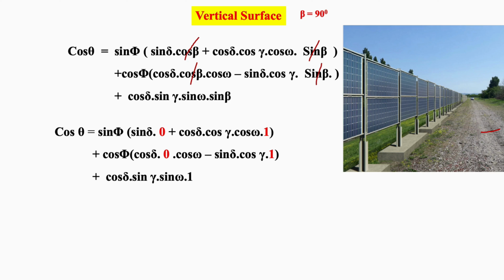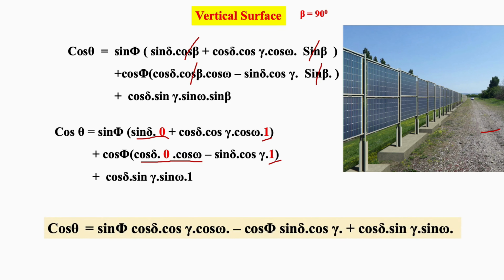So in this equation it is clear that sin delta into 0, because cos 90 is 0, and similarly cos delta into 0 into cos omega, because here again cos beta is 0, and since sin beta is 1, the new equation will be reproduced. By substituting the value of beta in the equation, we get the new equation of cos theta, the angle of incidence, if the surface is vertical.